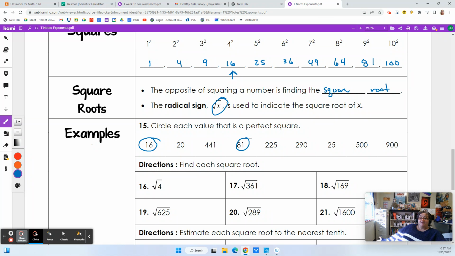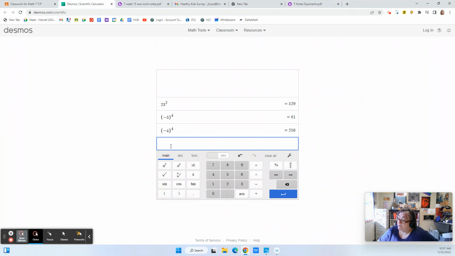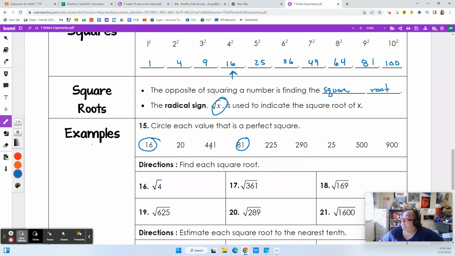So it would have to be something bigger than 20, right? So go to your calculator and check it out. Let's try 21 times 21. 21 squared, look at that, it equals 441.